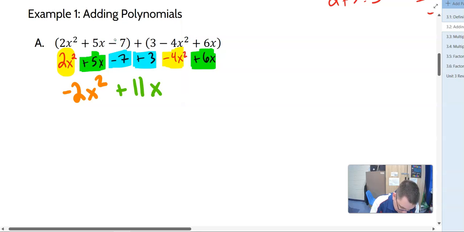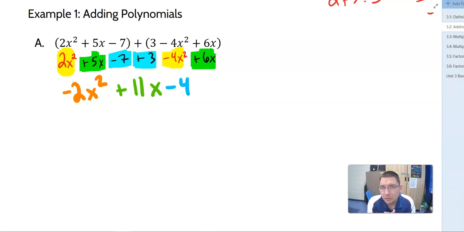And so we'll have minus 4. Now, is this in standard form like we talked about in 3.1? Yeah, it is. We have our degrees going from highest to lowest, second degree, first degree, constant. And so we have this in standard form, and it is completely simplified. And so that's how we do it horizontally. Let's look at example B, and we're going to look at how we do it vertically.